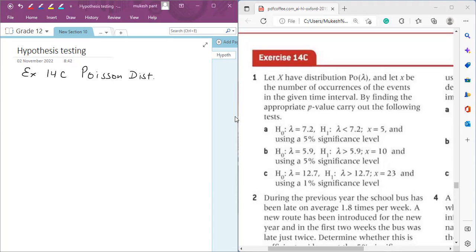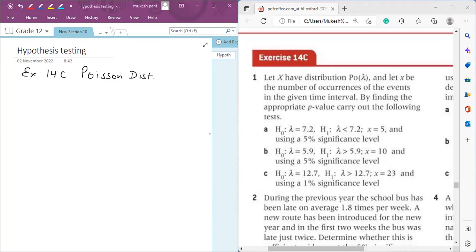By finding the appropriate p-value, carry out the following test. The null hypothesis is that the parameter gamma equals 7.2. The alternative hypothesis is that gamma is less than 7.2, and X equals 5, using a 5% significance level.